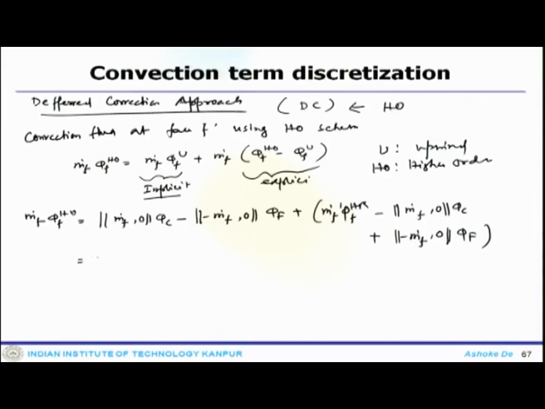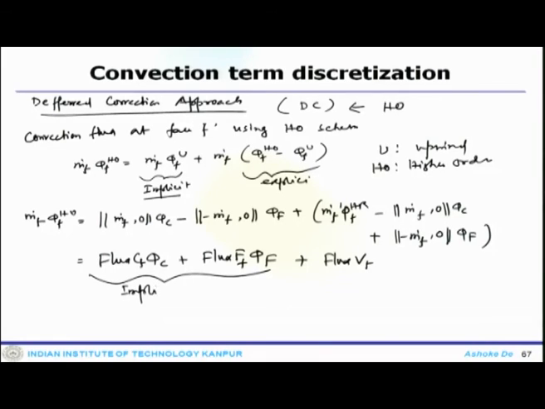This is equivalent to getting your flux C f phi c plus flux F f phi f plus flux V f, where the first two are implicitly evaluated and this last one is explicitly evaluated.